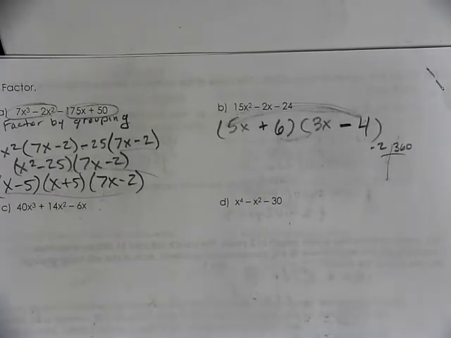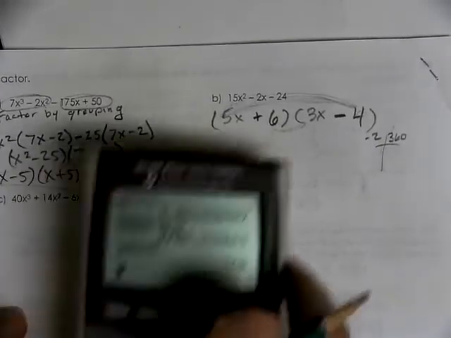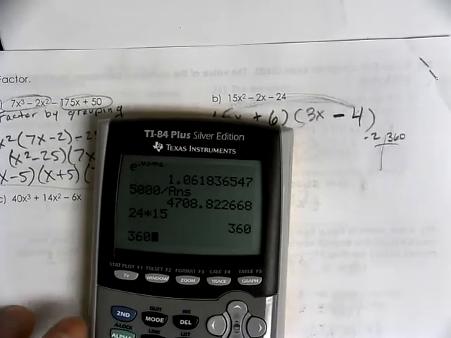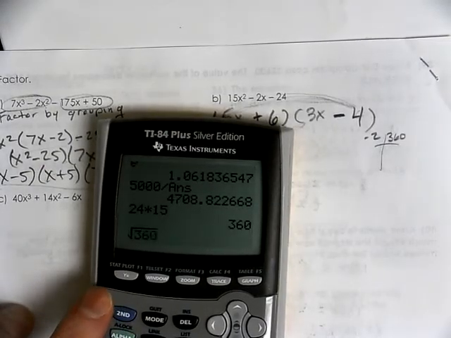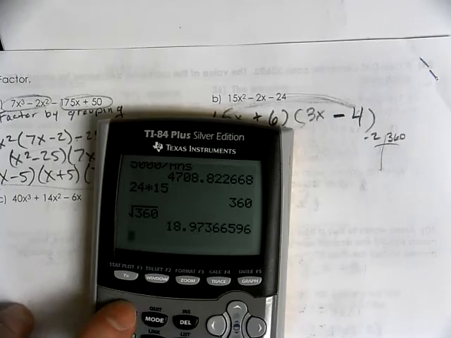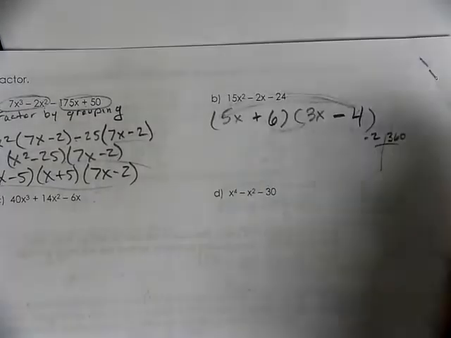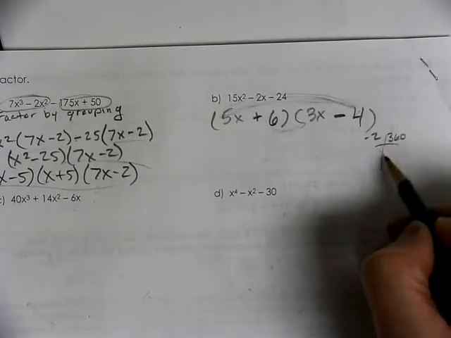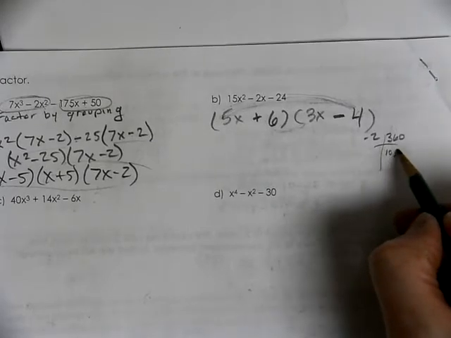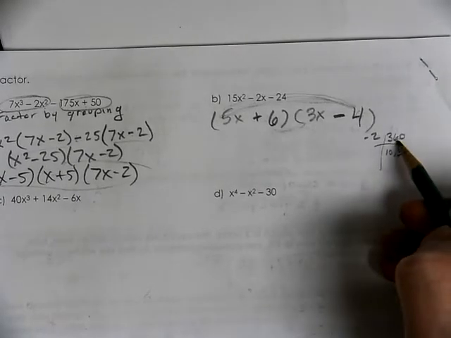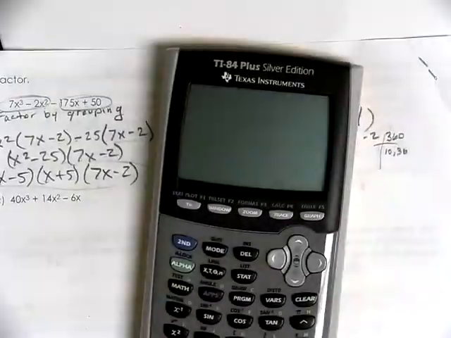That would be a lot of factors to go through there before you could figure out exactly what that was going to be. So that can be a bit challenging also. If you wanted to continue that, we know that 10 times 36, that makes 360.